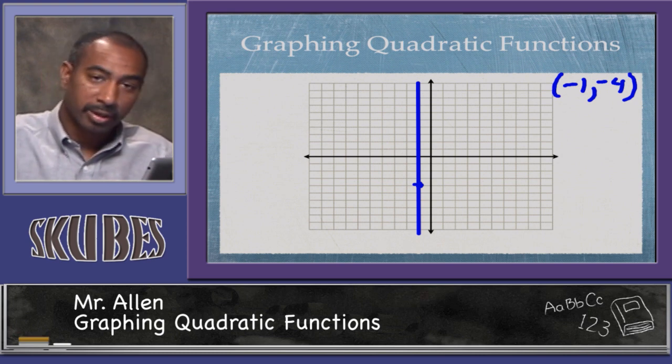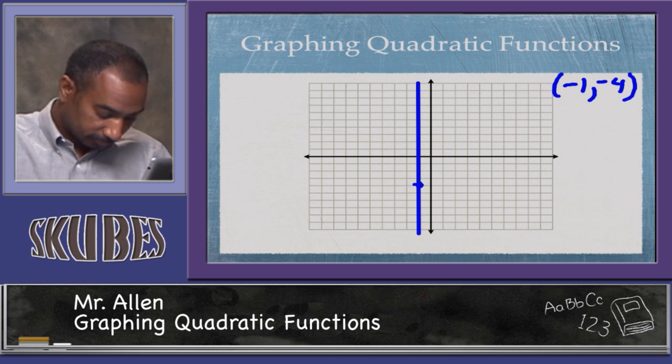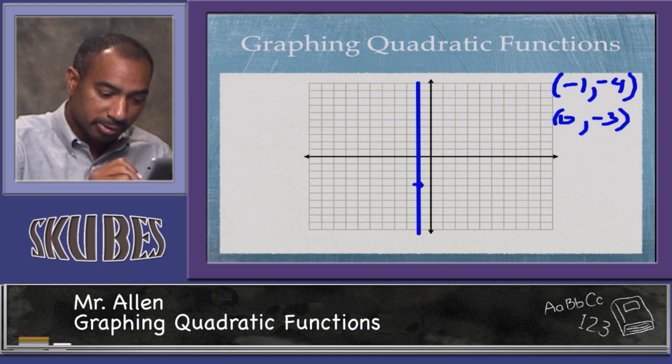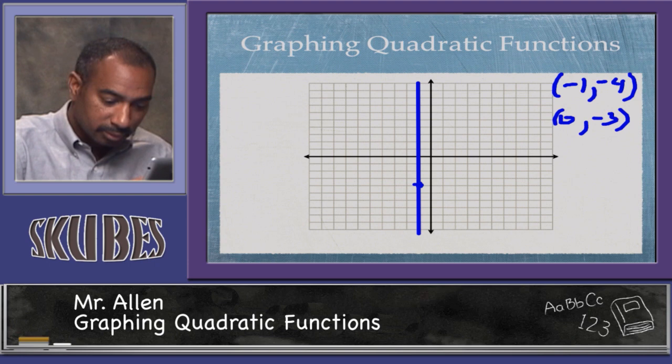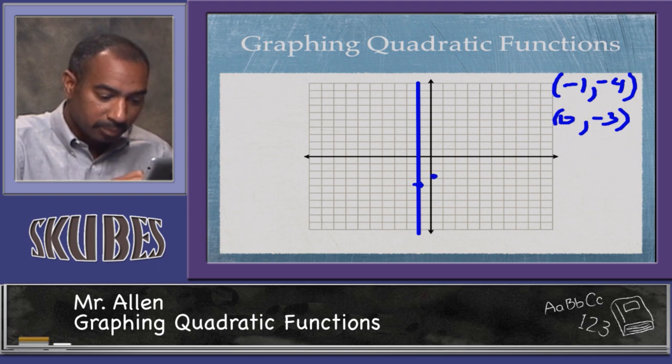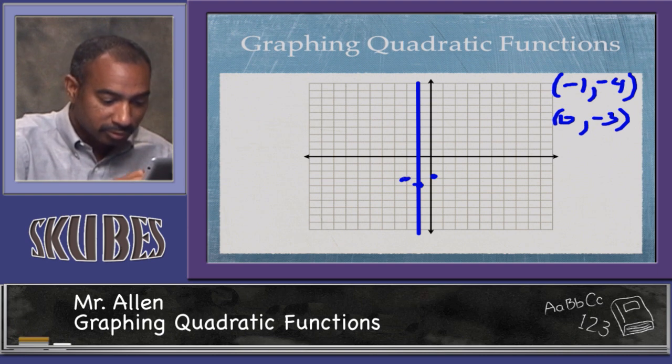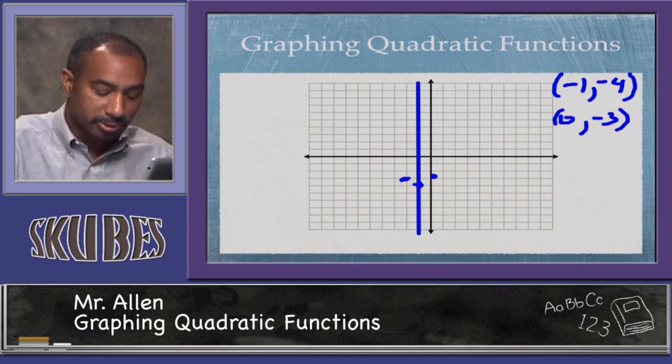Now to the right of -1 is 0. So if I plug in 0, I'm going to wind up with -3 when I evaluate into my expression. So I just go down 3. But if it's -2, it's also going to be -3 because it's an equal distance from the axis of symmetry.